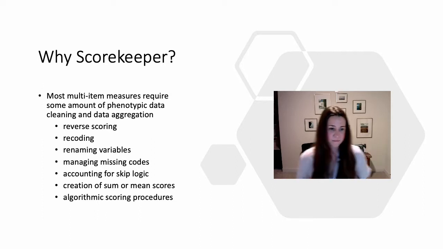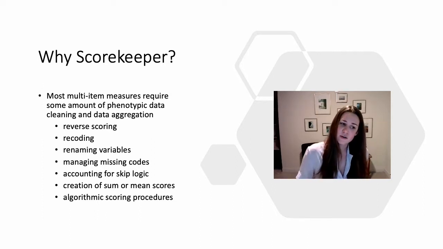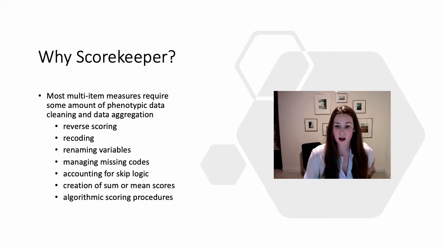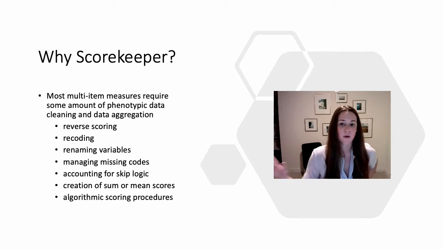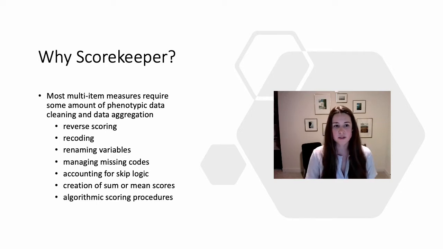Things like that. Another thing you might want to do is create sum or mean scores. A lot of psychological measures, social measures, things like that might have validated ways to score a particular measure or assessment, and you want to create that score to replicate what is done in the literature. And then finally, you might want to do some algorithmic scoring.